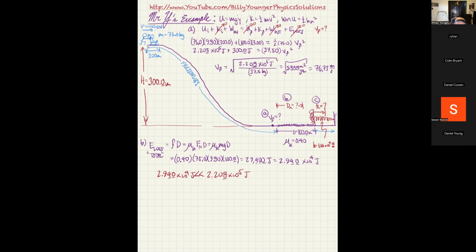It's a factor of 10 bigger, basically, almost a factor of 10 bigger. Therefore, the sled clears the frictionful area.